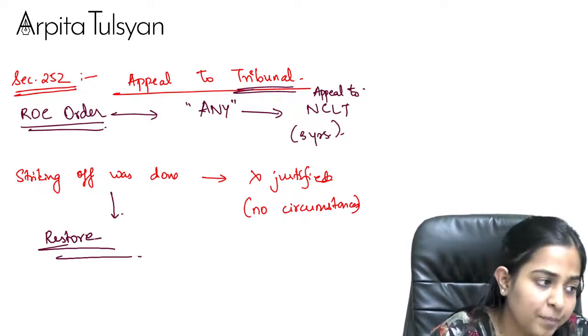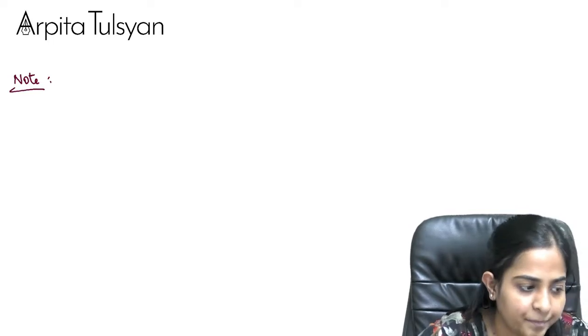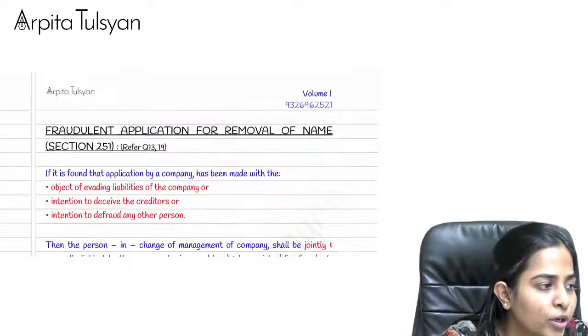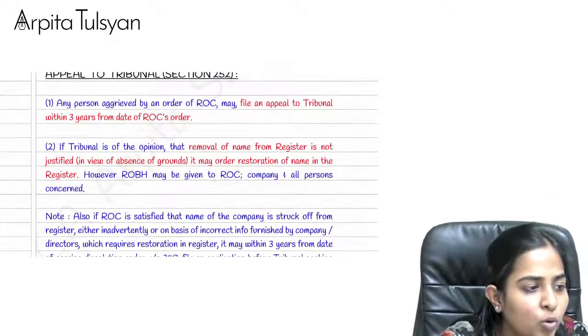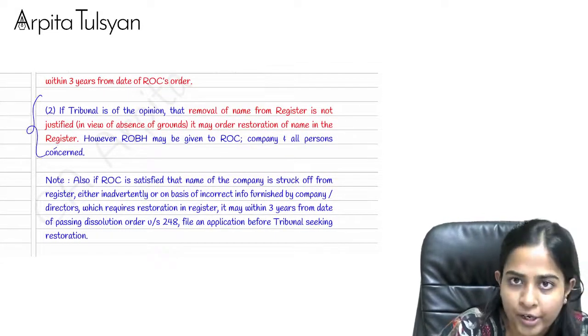Now listen, there was also a note which was inserted in this particular section. Just try to understand. I'll just show it to you from the textbook. In section number 252, this was about the appeal point.